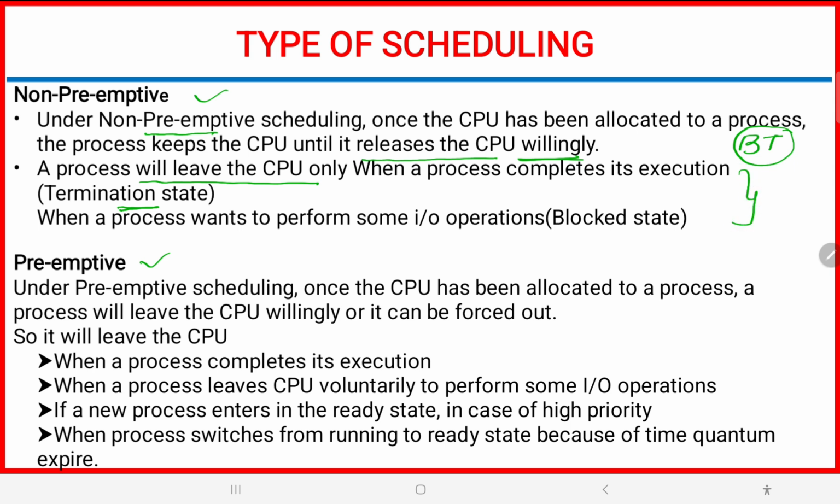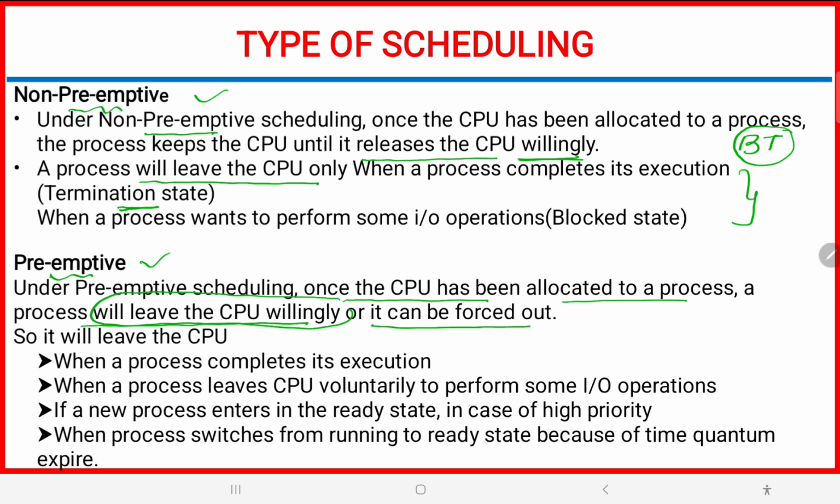Otherwise, forcefully gaining the CPU access cannot be done by any other process if the scheduling is done in a non-preemptive manner. On the other hand, in preemptive scheduling, once the CPU has been allocated to a process, it will leave the CPU willingly or it can be forced out. Whereas in the previous case, it was only this part.